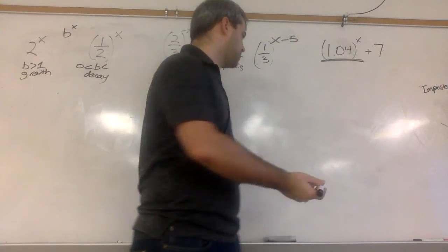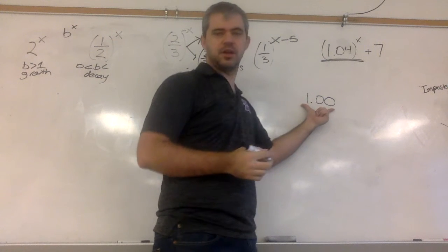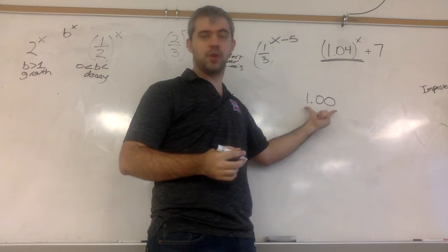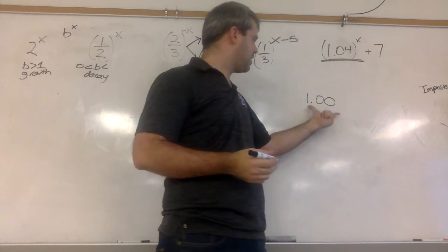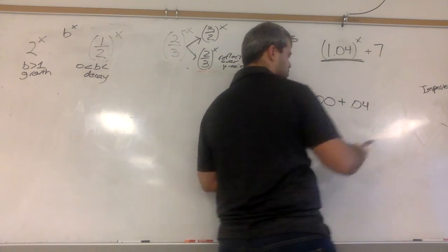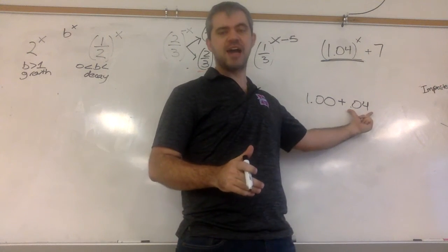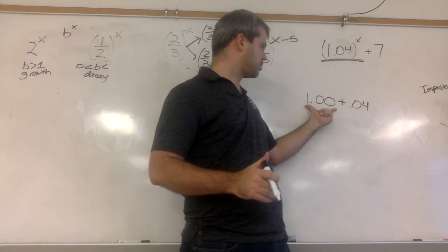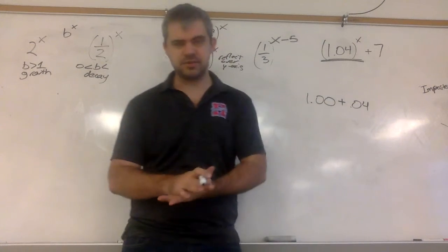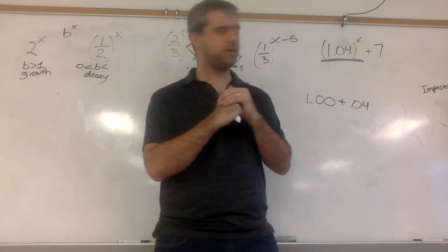Because what happens is you've got your debt, which is your 100%, and then each month or each year, you're getting a certain percentage added onto it. So this is 100%, this is like 4%. Let's say your college loan is like 4% APR.